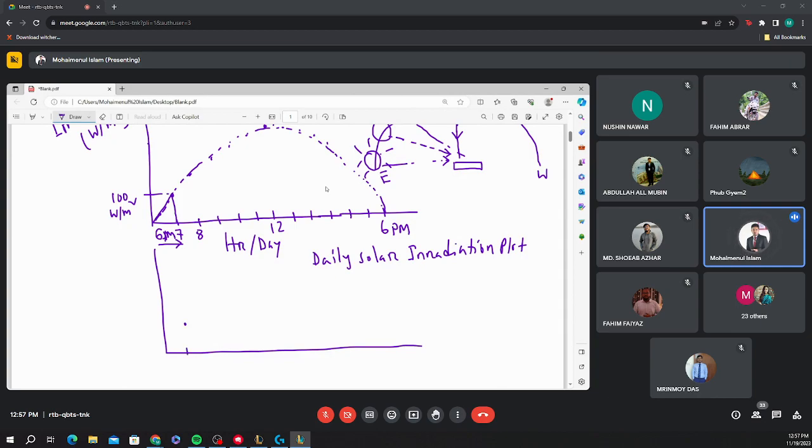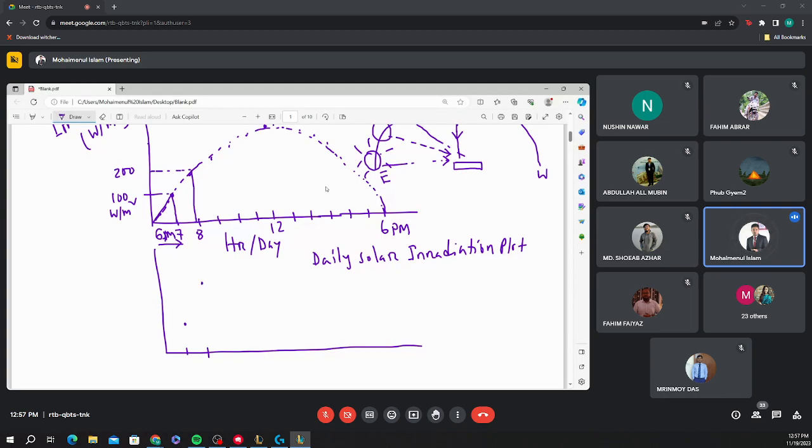Suppose this point provides you 100, but in the next point you spend another hour. If previously it was 100, now suppose this is 200. 200 into another 1 hour. Previously 100, now it is 200. That means you are getting 300 at this point. So this point should be 300.